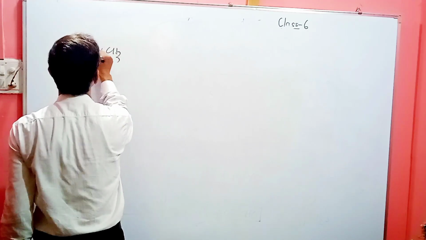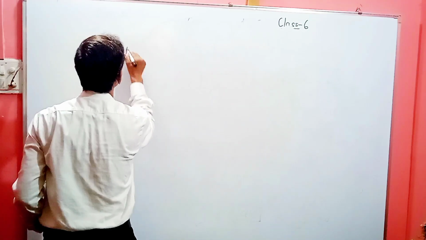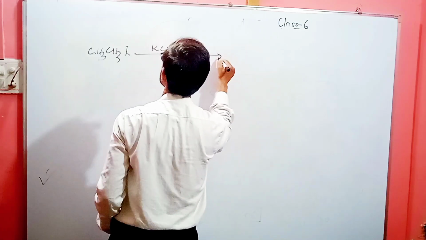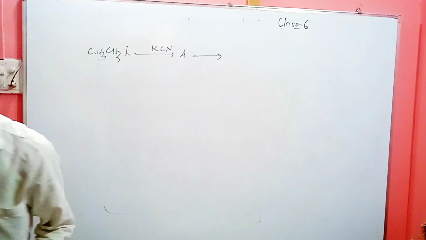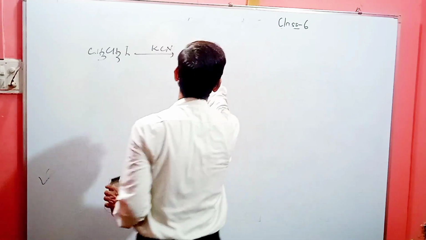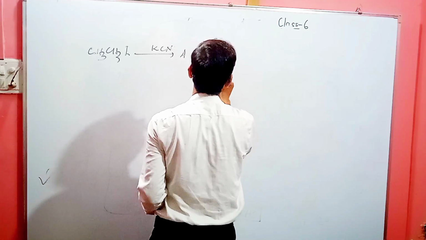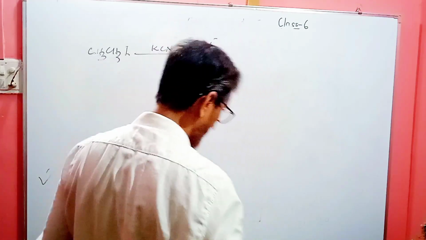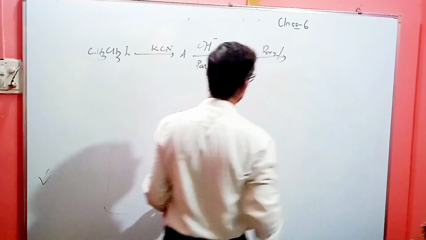CH3I, KCN, then OH partial hydrolysis, and then bromine.